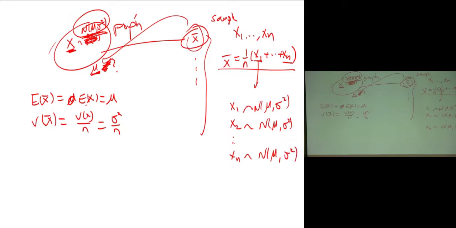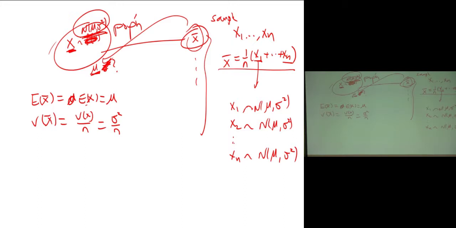Okay, let me ask you, if x1 is normal mu sigma square, x2 is normal mu sigma square, does x1 equal x2? No. Why? They are from the same distribution.